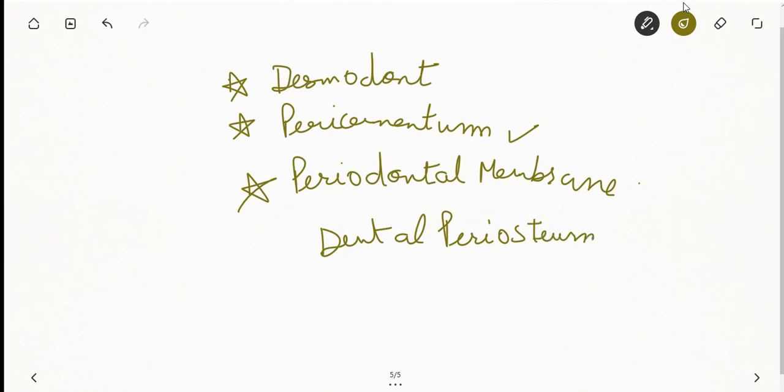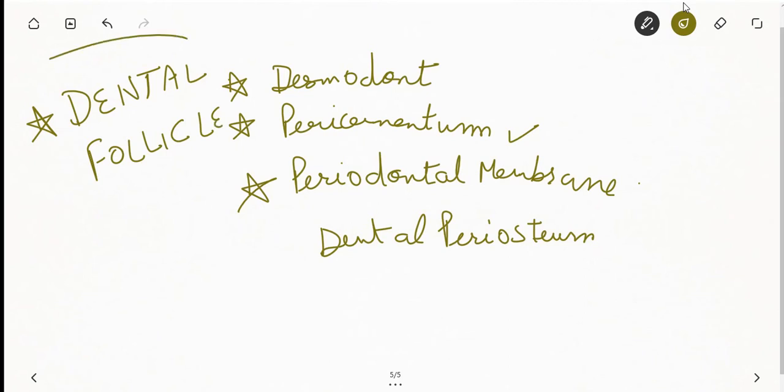So, development of the periodontal ligament. The periodontal ligament develops from the dental follicle. The cells of the dental follicle differentiate into fibroblasts.